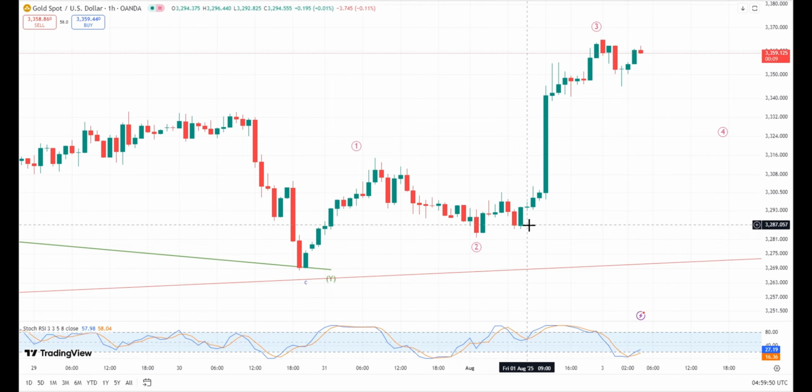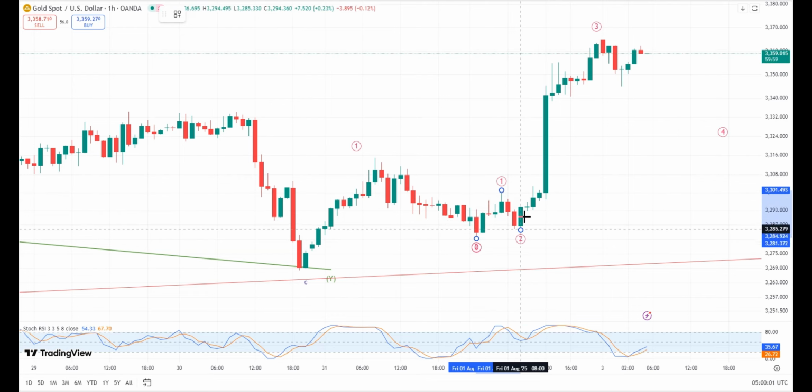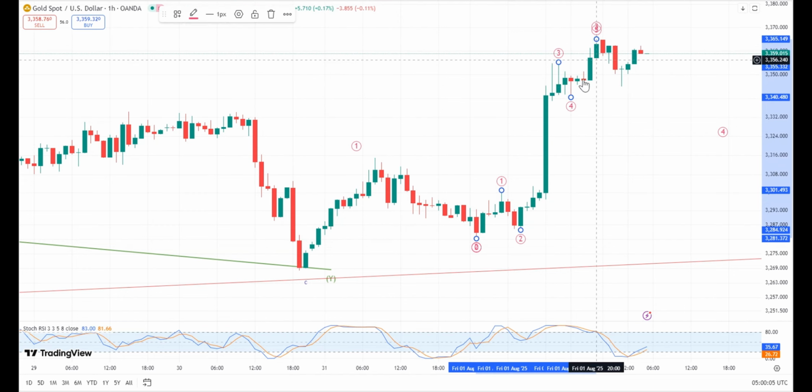So now here's our wave 1, 2, 3, 4, 5 of wave 3. So let's bring this and project 1, 2, 3, 4, 5.